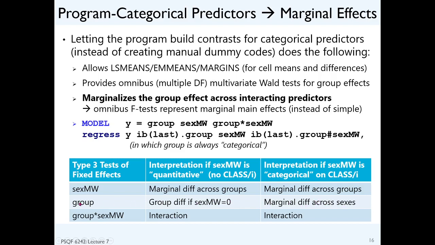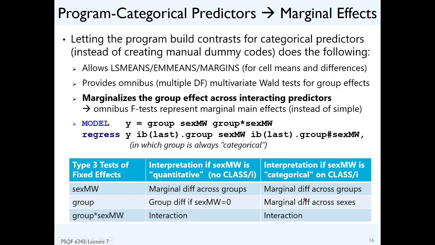So what looks like the same test will actually give you two different pieces of information depending on how sex is treated, whether it's treated as quantitative, if you just leave it off the class statement or put it as C dot, versus treated as categorical by adding it to the class statement or adding it to I dot. The interaction term is the same either way.